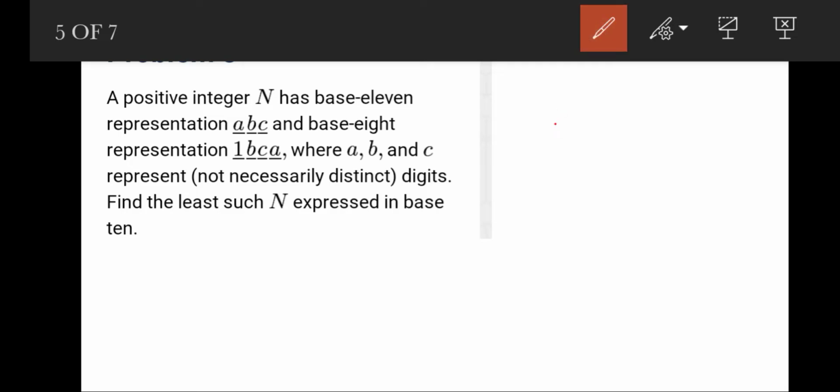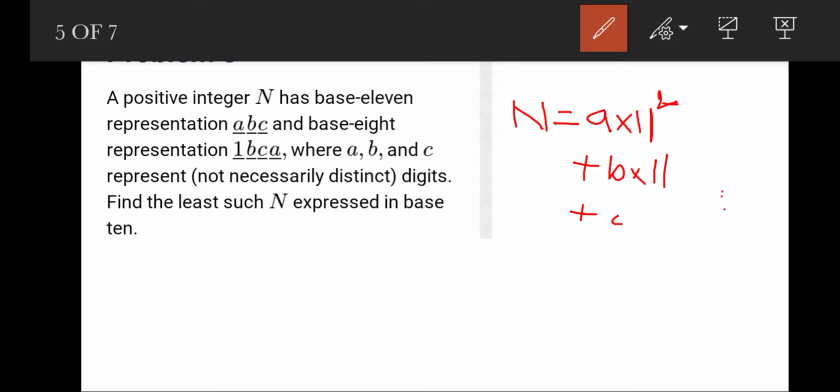Suppose n is the number. Then n can be written as a times 11 squared plus b times 11 plus c times 11 to the power 0, which means 1.